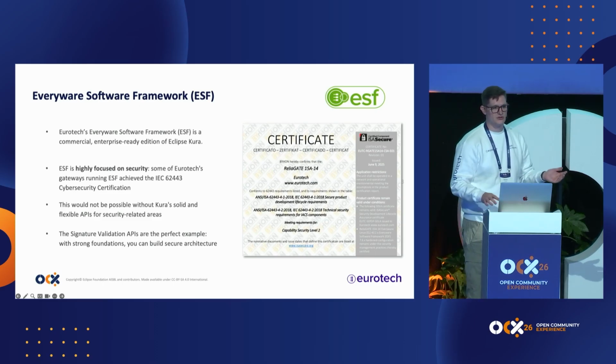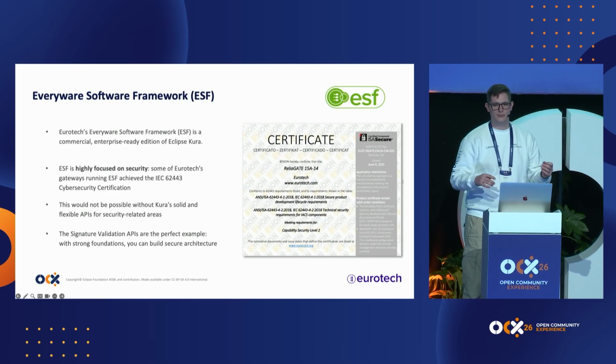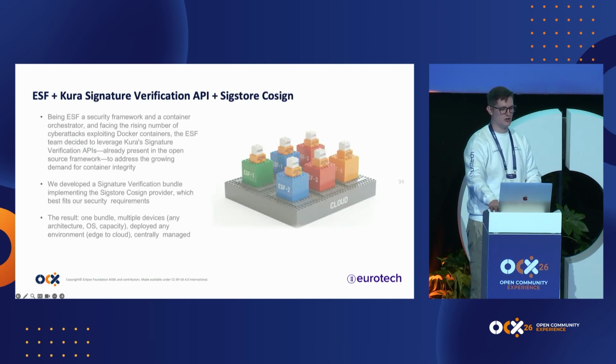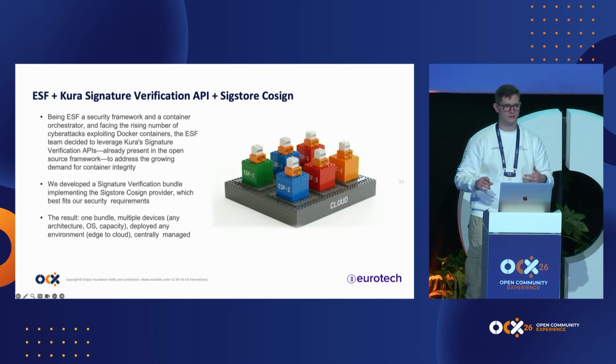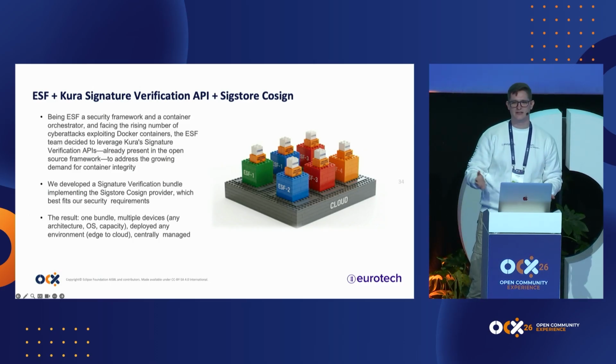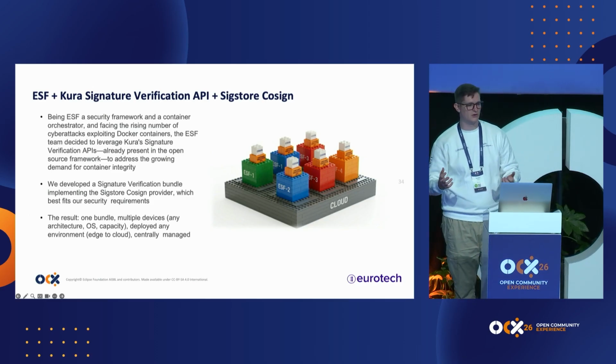And the signature verification API is an example of increasing these layers of security even more, because the 62443 cybersecurity certification is already there, but we got lots of customers that wanted to use containers. They wanted to deploy containers around the world, but they see a rising number of cybersecurity attacks. So they asked us, what can we do to secure and be sure that the containers are verified?